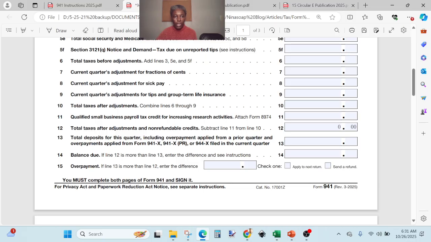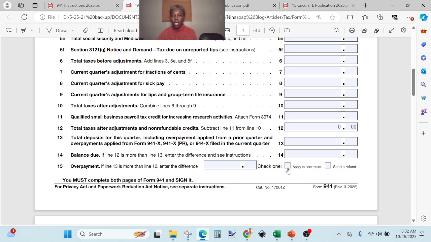So line 15 is overpayment. If your line 12 total tax liability for the quarter is more than what you deposited against it, you owe money to the IRS. That difference is going to be on line 14. If your total liability on line 12 is less than your deposit on line 13, the IRS owes you a refund. You will put that on line 15. And then you will decide if you want them to send you a refund.